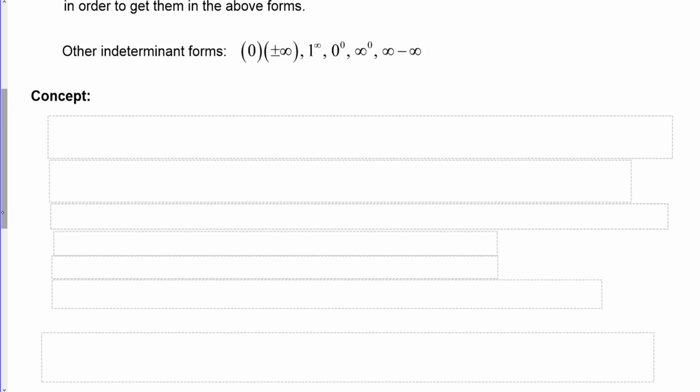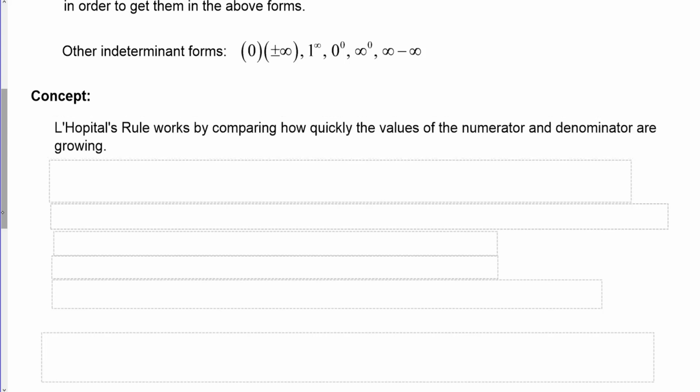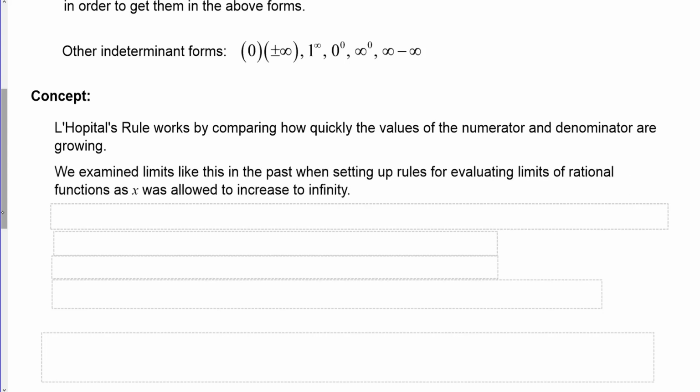And to give you an idea of how this works, here's a concept. L'Hopital's rule works by comparing how quickly the values of the numerator and the denominator are growing. So we examined limits like this in the past when setting up rules for evaluating limits of rational functions as x was allowed to increase to infinity.